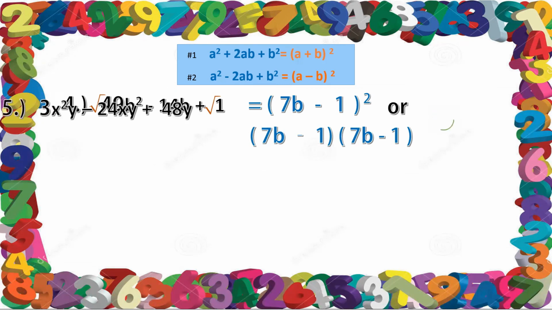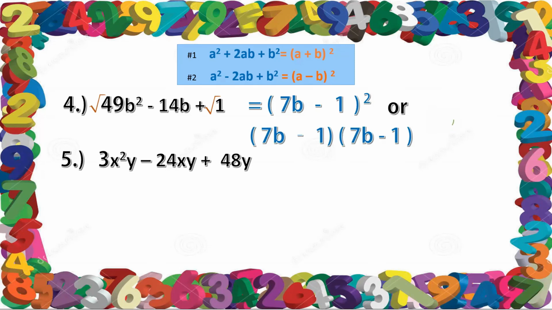Very well. Now let's proceed to our last item, number 5. We have 3x squared y minus 24xy plus 48y. Observe the expression. Can we use another factoring technique?